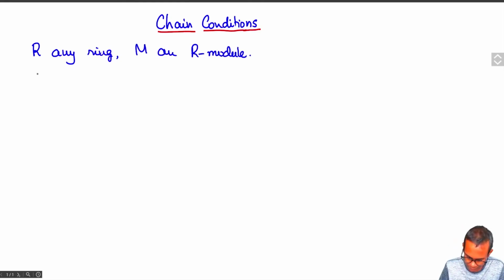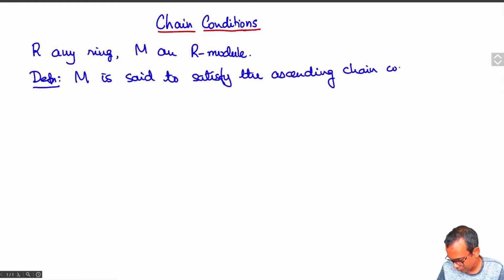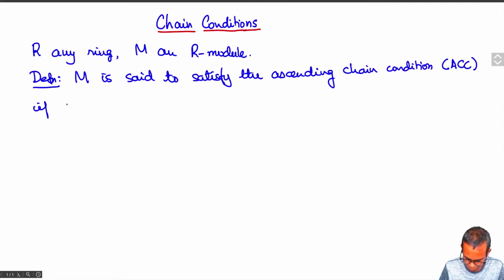And now we'll define the ascending chain condition. We say that M is said to satisfy the ascending chain condition, which is also known as the ACC, if every ascending chain of submodules of M stabilizes.